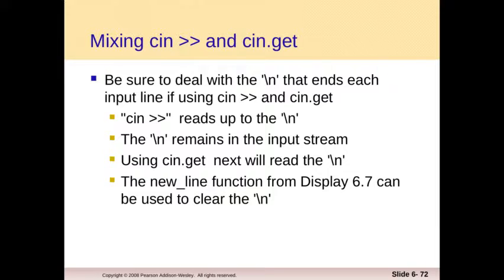What that means is, if you have an extraction, it reads data up until a space, for example, and puts that space back into the input stream. If you have a get member function call right after that, you get the space. So that's important to remember.